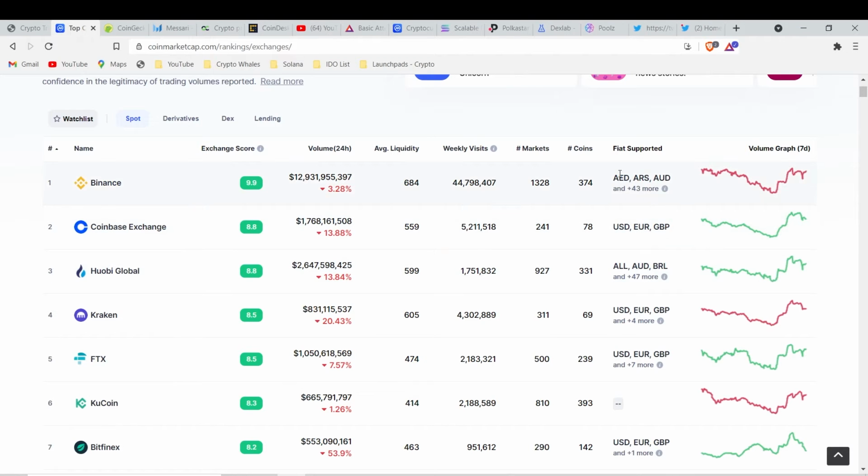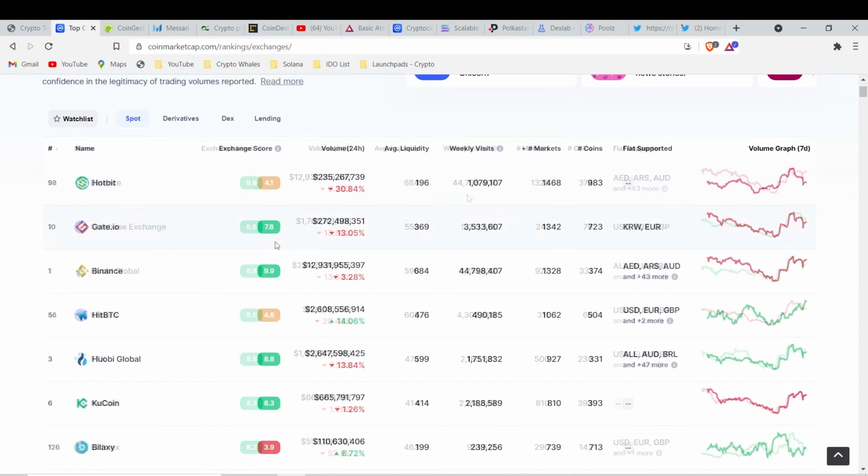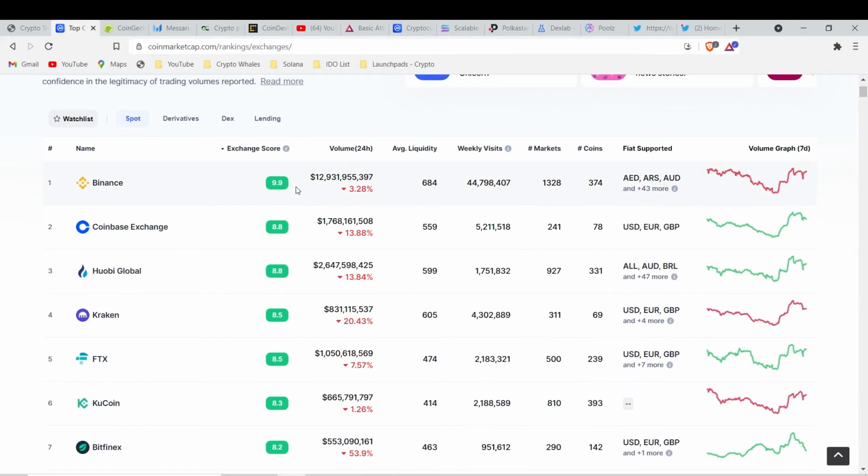It tells you what types of fiat are supported, how many coins there are in terms of supported cryptocurrencies that you can buy, and you can see how many people visit on a weekly basis. But overall, you can see the exchange score, right?